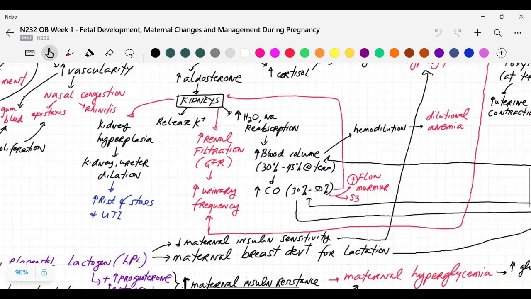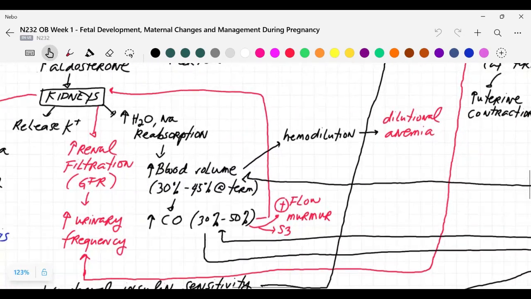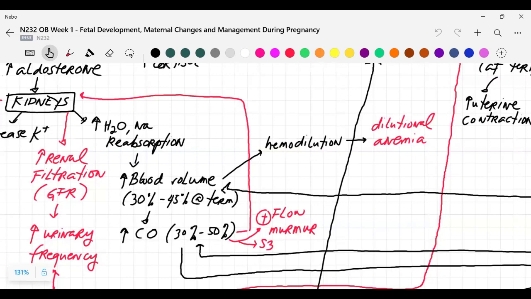Okay. So another thing that happens because there's a lot of blood volume is the concentration of the RBC in the blood becomes less, right? It's not that they don't have enough RBC or hemoglobin, but there's just a lot more fluid. So they're gonna look like they have dilutional anemia. Okay.